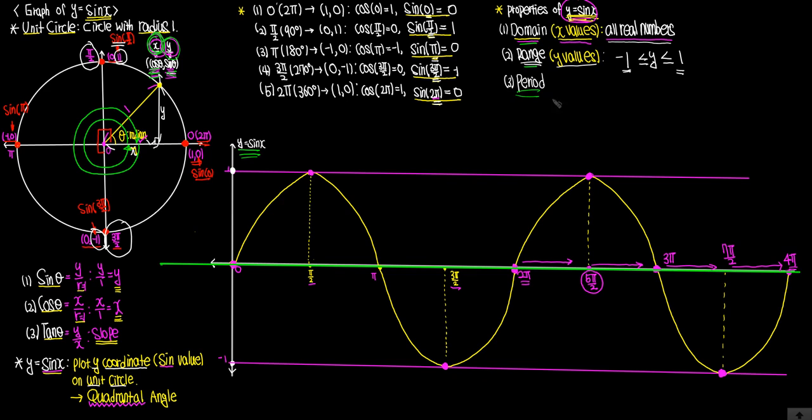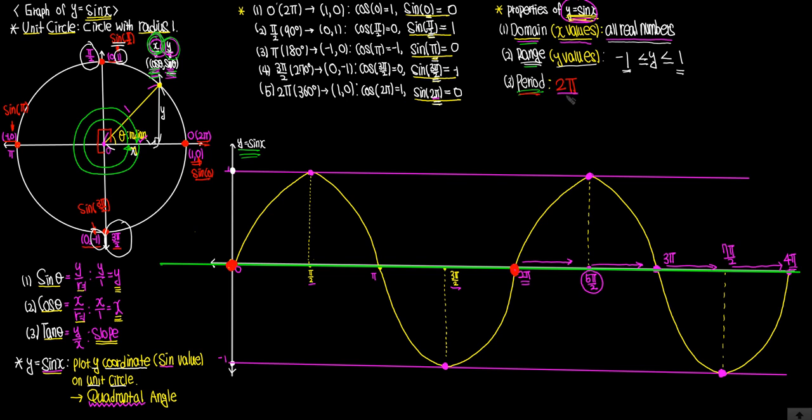And lastly, the most important thing, which is the period of the y is equal to sine x graph. The graph always starts from the origin, from 0 all the way to 2 pi radian, which means 2 pi radian is the period for the y is equal to sine x graph.